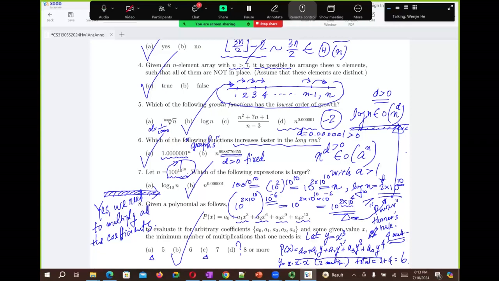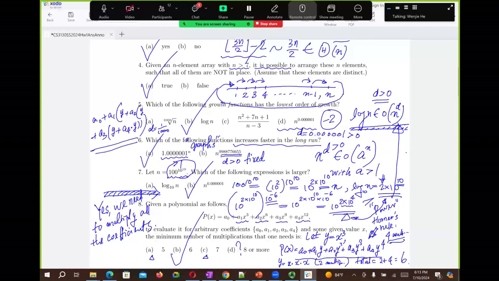For those students who have a similar question as Elroy, look at Horner's rule. I think you should still remember it. We do factorization, right? A0 plus A1 parenthesis y plus A2 parenthesis y plus A3 parenthesis y plus A4 times y, right?